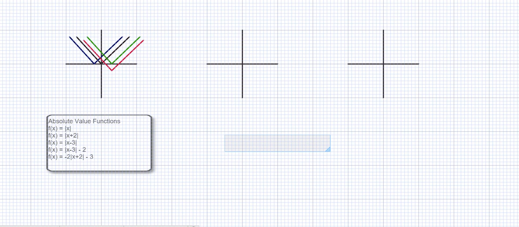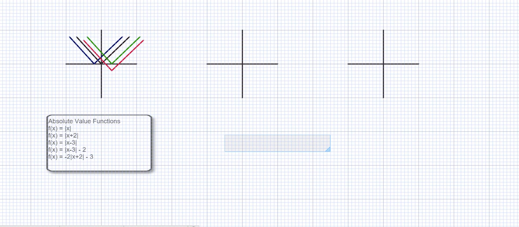All right, so finally, this is the one that's going to be the most complicated example. I've got minus 2 times the absolute value of x plus 2, minus 3. So we're going to do things in an order of operations type of manner. Remember that f of x is really the same thing as y.